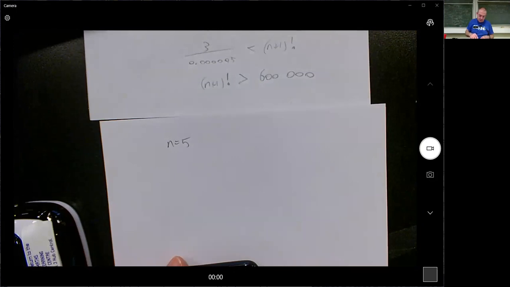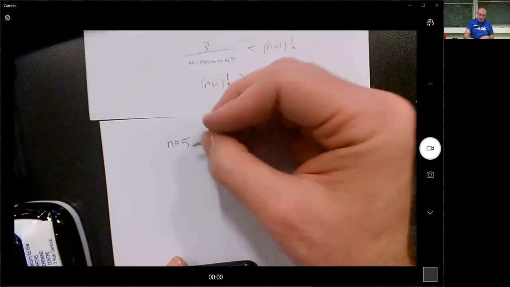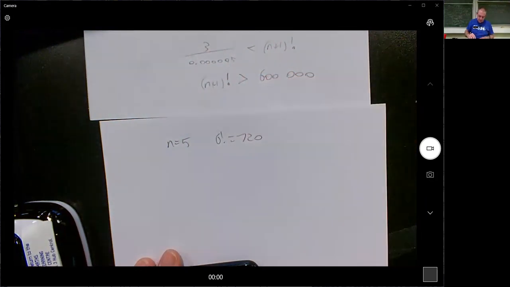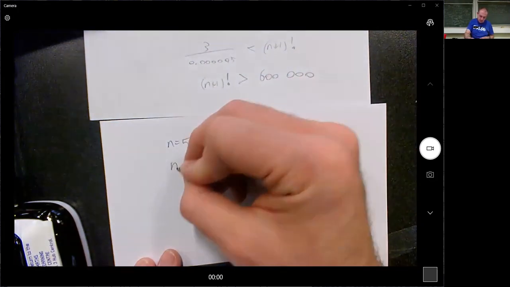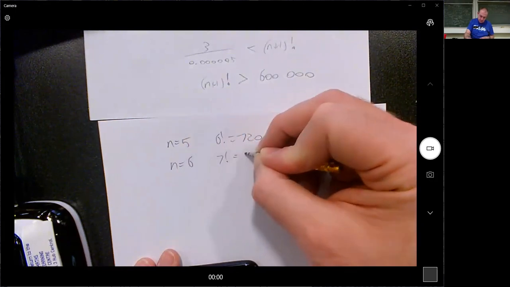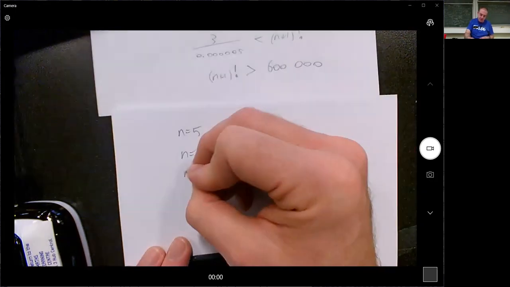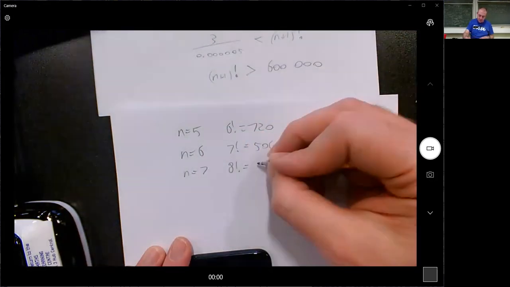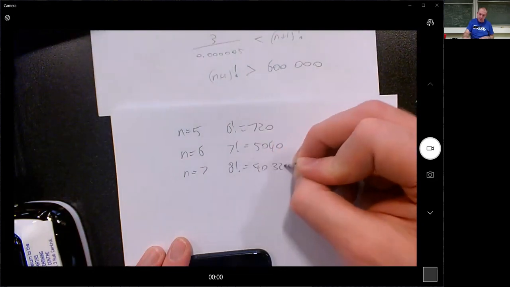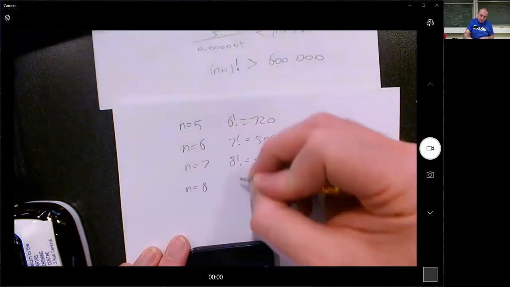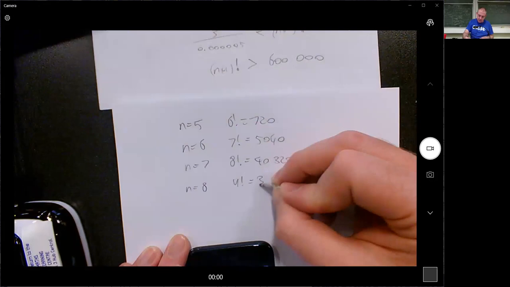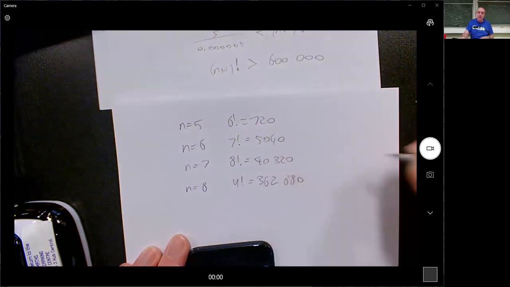So 6 factorial is 720, which is not big enough. 7 factorial is 5040, which is not big enough. 8 factorial is 40320, which is not big enough. 9 factorial is 362,880, which is not quite big enough.